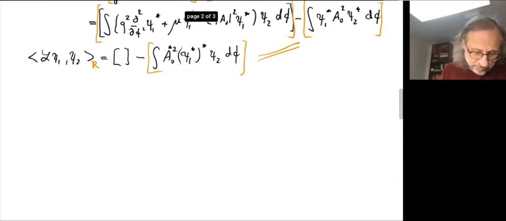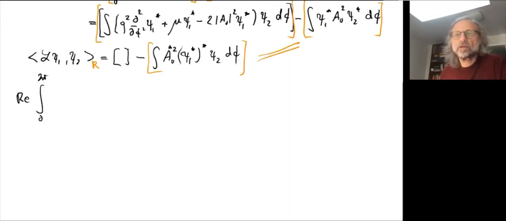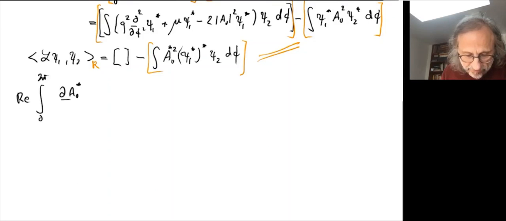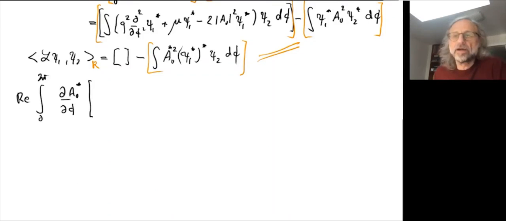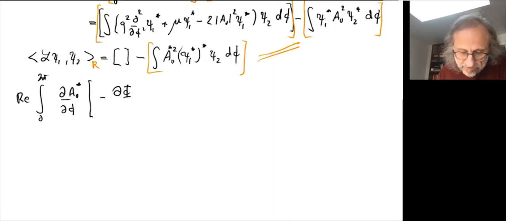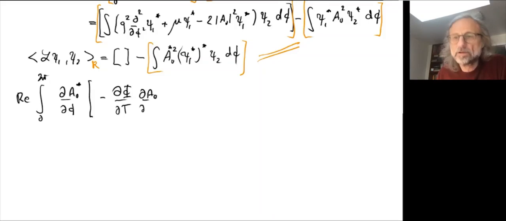So we take the real part of the integral from 0 to 2 pi of multiplying from the left with dA naught star by d phi, our right hand side, and that right hand side was d capital phi by dt times dA naught by d phi. I'll just copy it. We just saw what it is, and there's no point in scrolling up and down.